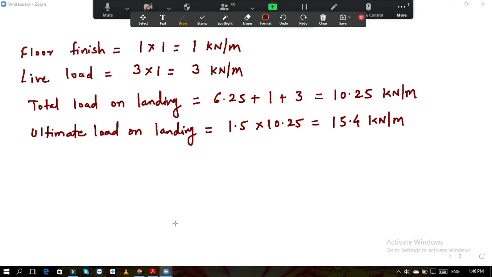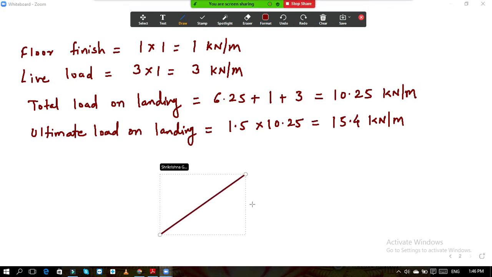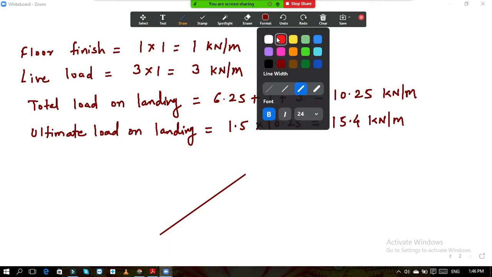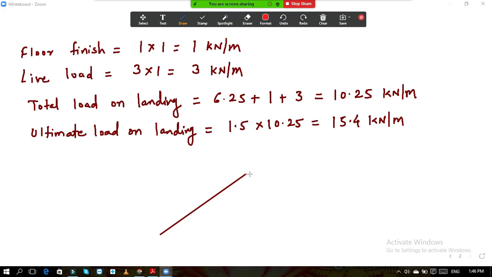Now if you see over here, this is our going length, and from this point here it is the landing slab. On the landing slab, what is the load?